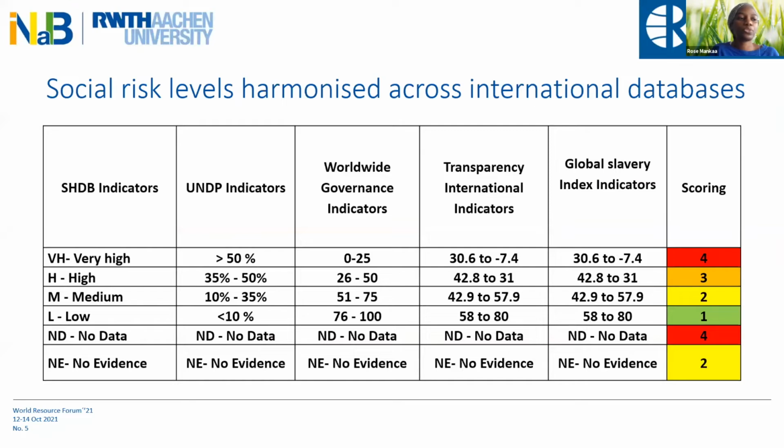And not just from the social hotspot database, we also considered the risk levels that are recognized by international databases like the UNDP, the human slavery indicators, and also to harmonize this methodology.